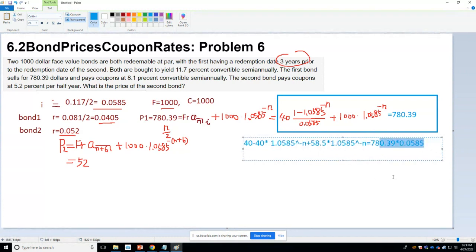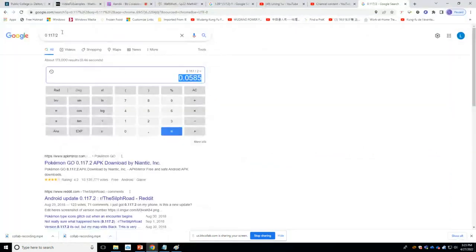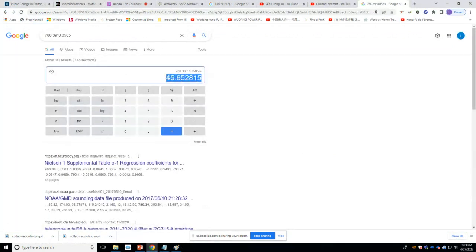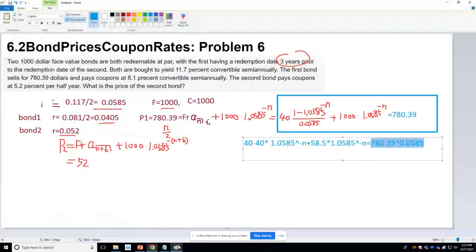So we can pretty much calculate the right side of the equation, and that was the final result.